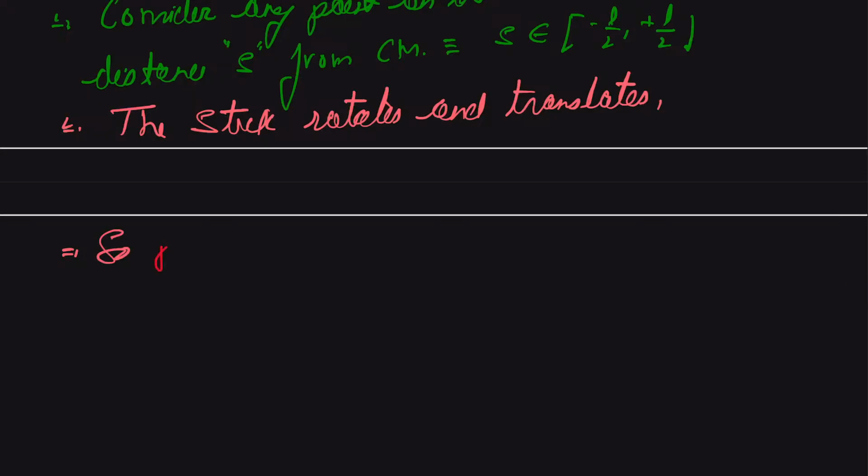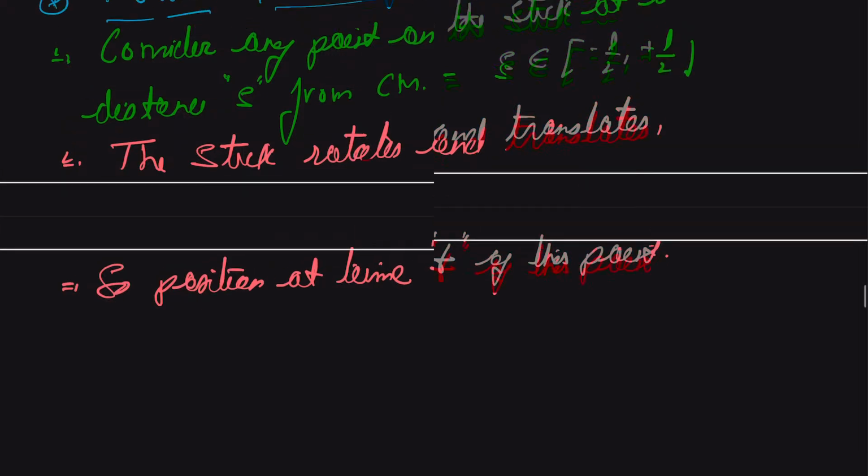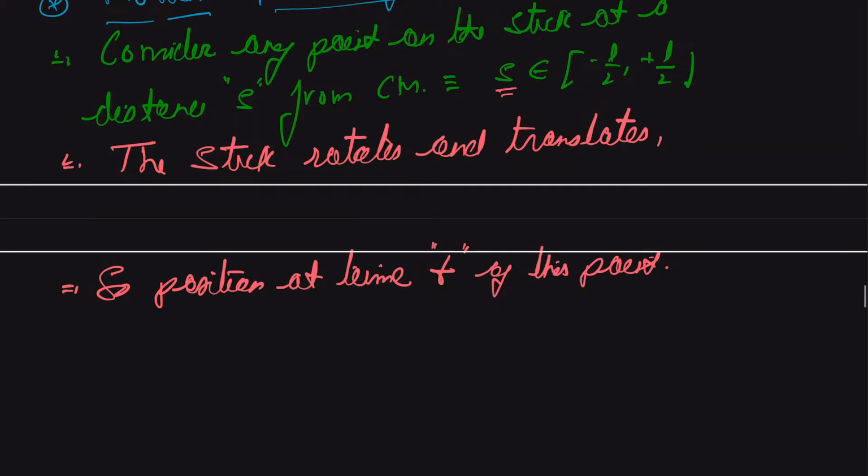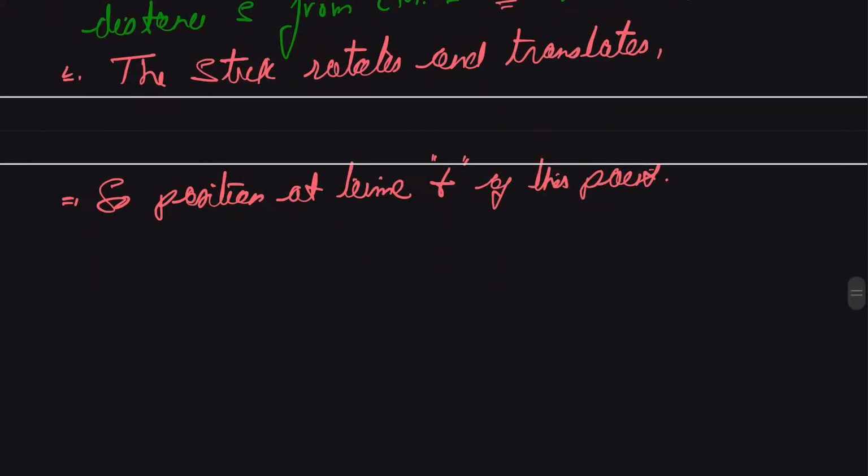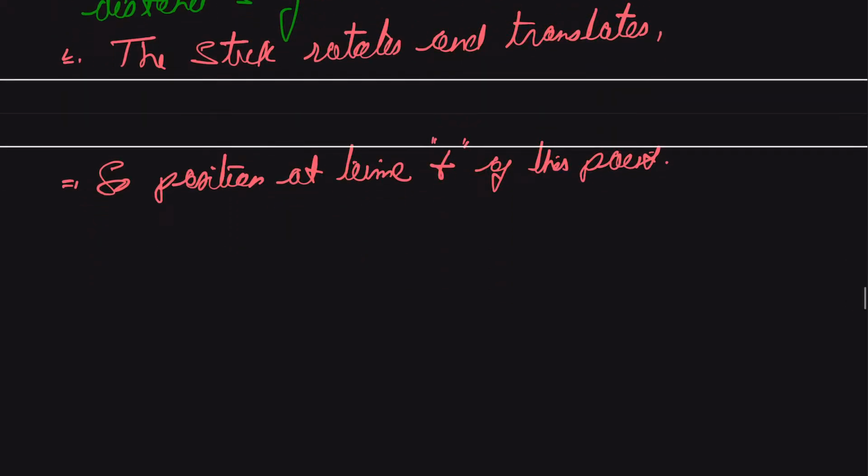So position at time t of this point, here this point is nothing but point S, and this point S we can take anywhere on our stick. So it is going to have two coordinates, x coordinate as well as our y coordinate.